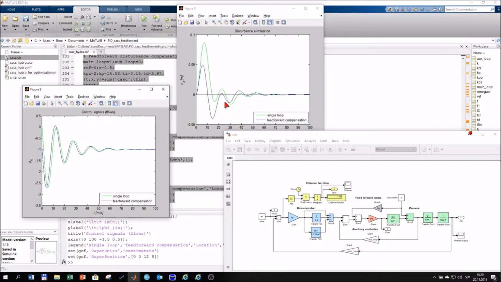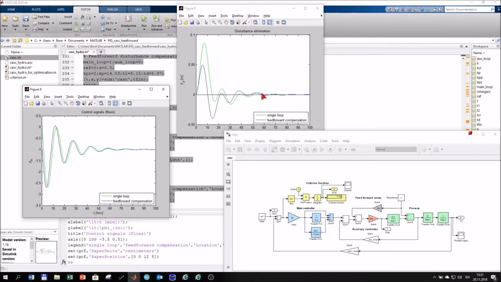This is what we would like to achieve. In this case, the reference signal is 0. So this is also the desired value for the control variable. And of course, the disturbance should influence the control variable, the level in the third tank, as little as possible. We can see that the influence of the disturbance in the case when we use feed-forward compensation is much smaller.